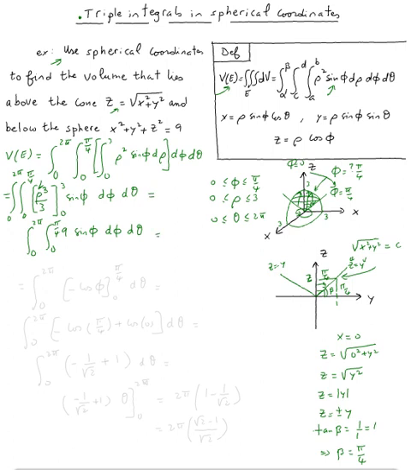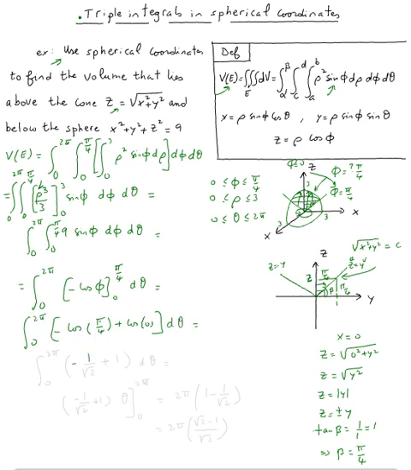Now this is going to be equal to, theta goes from 0 to 2 pi, the integral of sine phi is negative cosine phi between 0 and pi over 4, d theta. Plug in pi over 4: minus cosine of pi over 4, minus minus is plus cosine of 0, integral from 0 to 2 pi d theta.